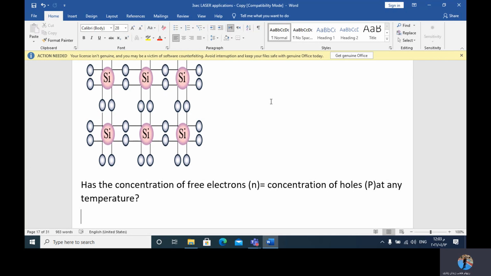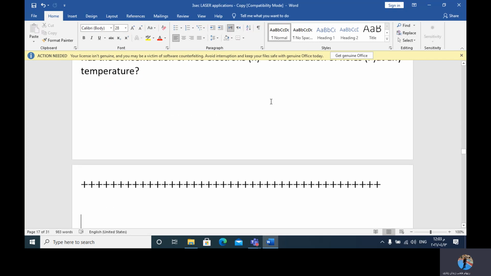Now, this is the definition of pure semiconductors. In pure semiconductors, I have carriers of negative charge equal to carriers of positive charge at any temperature, which means this is now pure silicon. The concentration of this equals the concentration of this.